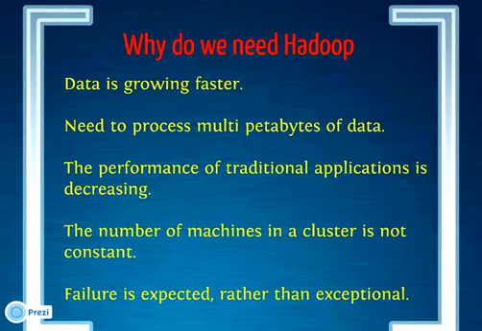But if I compare this scenario with Hadoop, when I increase the load in Hadoop, it will not decrease the performance. And how is it possible? This is possible because the number of machines in a cluster is not constant. In the beginning, when I had less data, I could work with 5 machines in a Hadoop cluster.